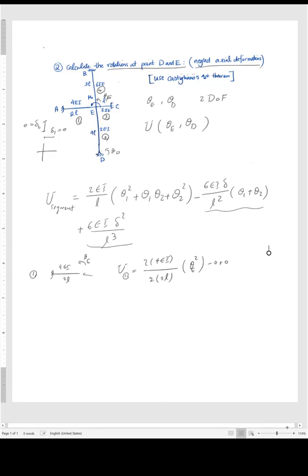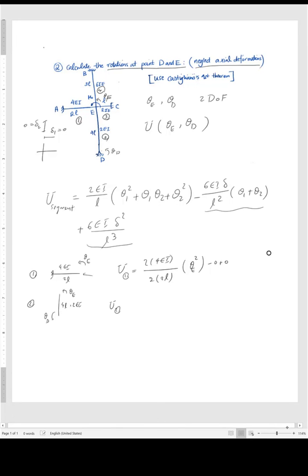Okay, so let's move to the next segment, 2. So 2 has a rotation theta D here, the length is 4L, 2EI is the stiffness, and you have theta E on the other end.